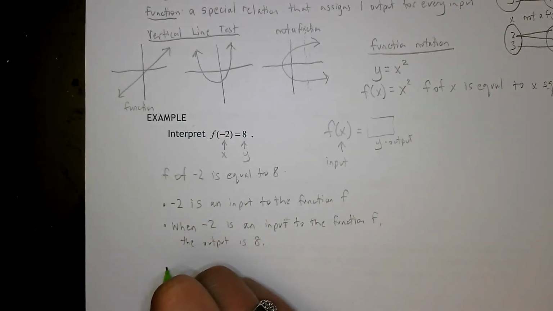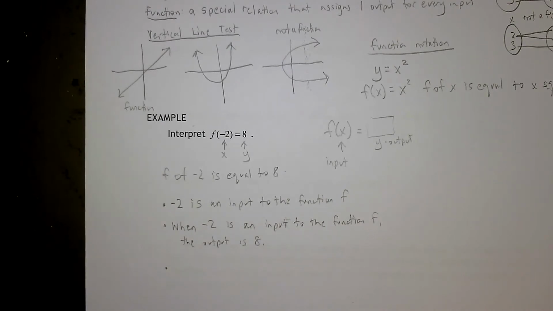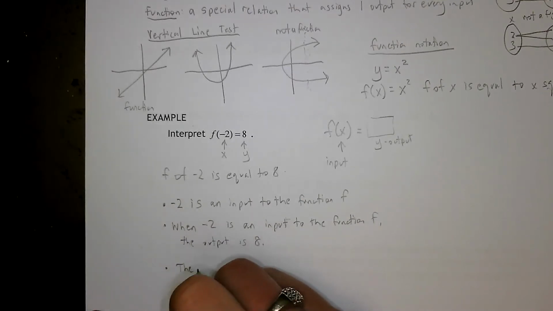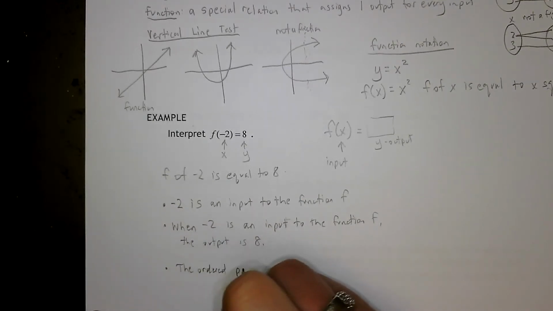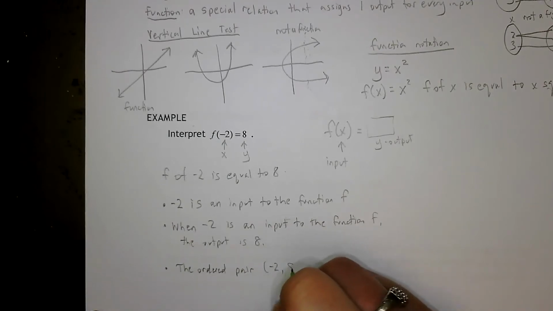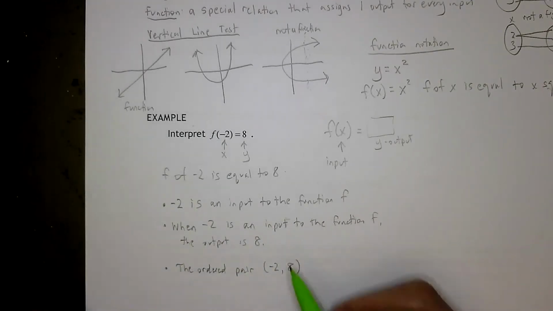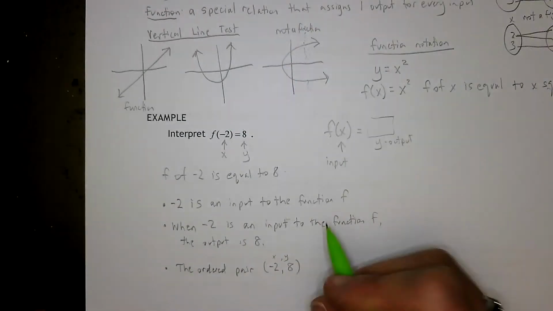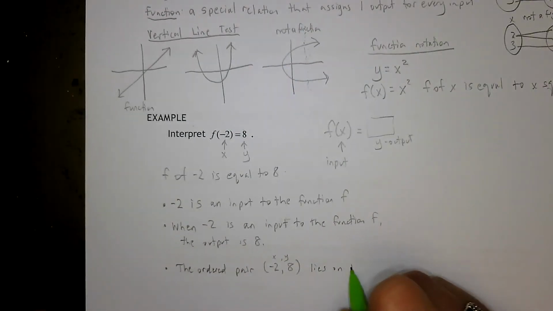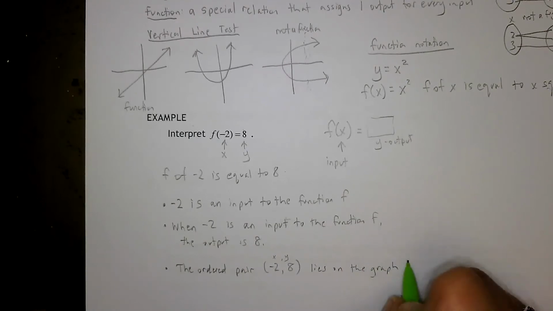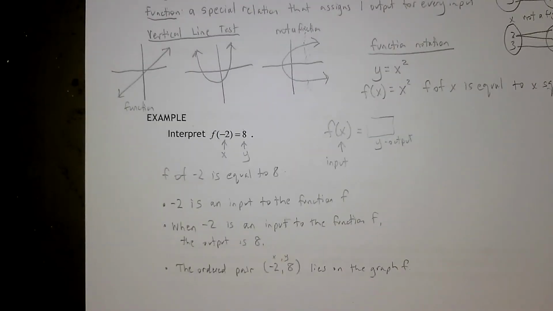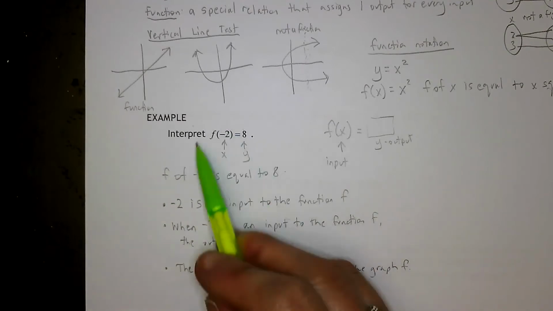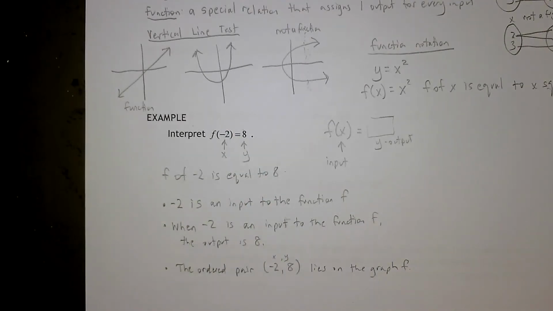Finally, the third detail that statement tells us is that the ordered pair -2, 8, remember our ordered pairs, the x comes first and then our y, and in our function we've got our x and we've got our y, lies on the graph F. So those are 3 details that we can glean from this statement. F of -2 is equal to 8.